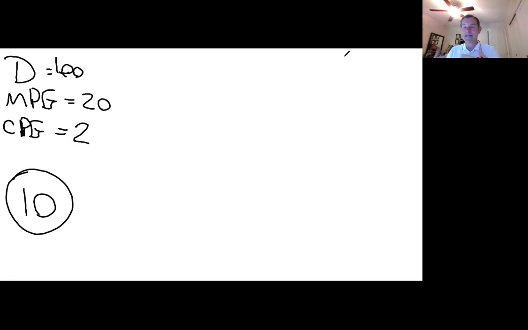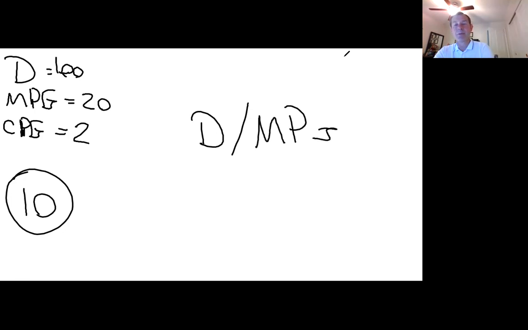How many gallons I used to go that distance, right? And the way to do that is to take the distance and divide it by miles per gallon. And that equals gallons used.